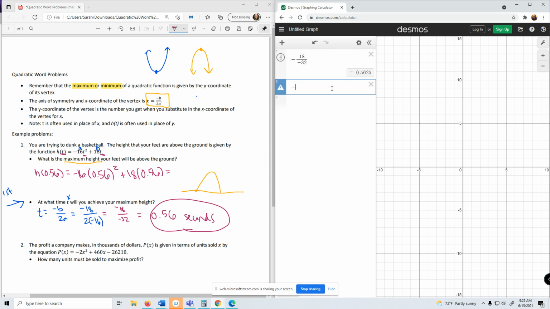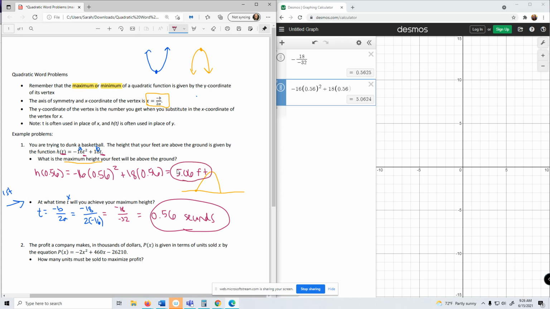Type in exactly what you see there, with parentheses where you need to. And once again, we'll round that to two decimal places, and so our answer here will be 5.06 feet. So all we did there was take 0.56 and sub it in for our t's.